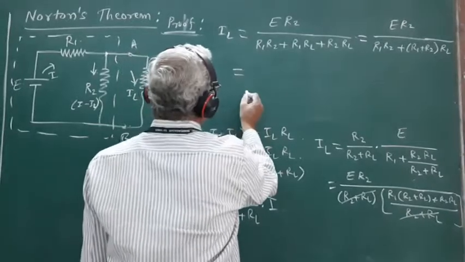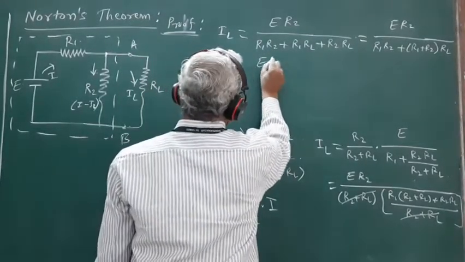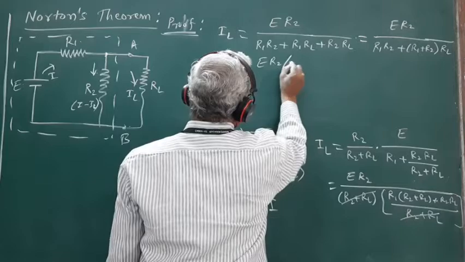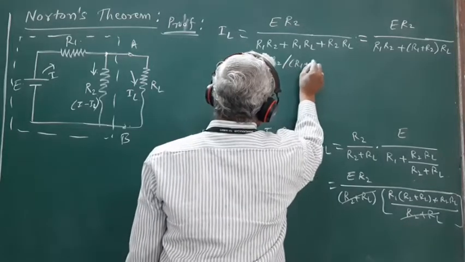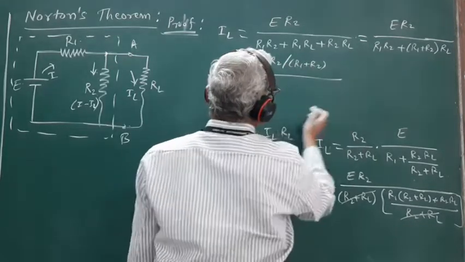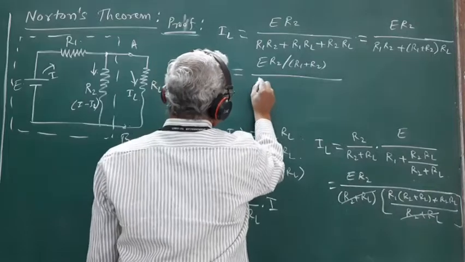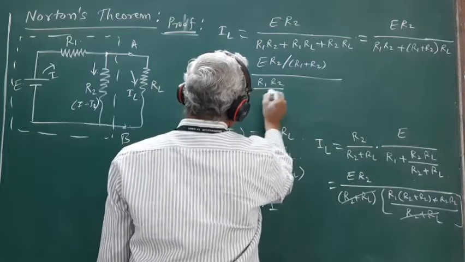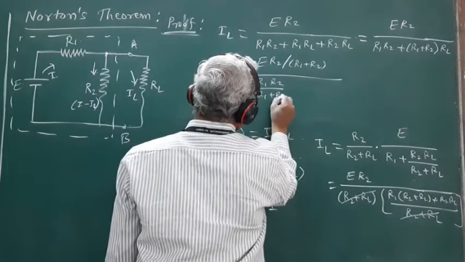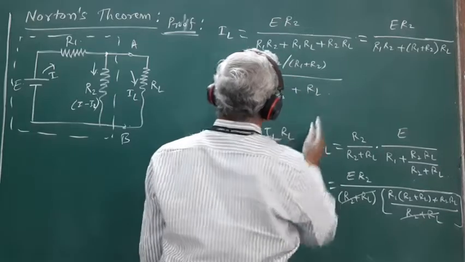This can be expressed as ER2 by R1 plus R2 divided by R1 R2 upon R1 plus R2 plus R2.